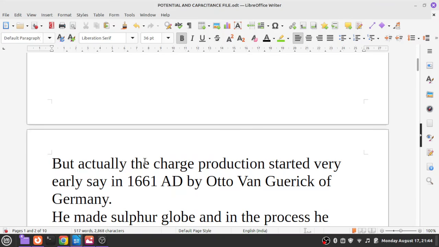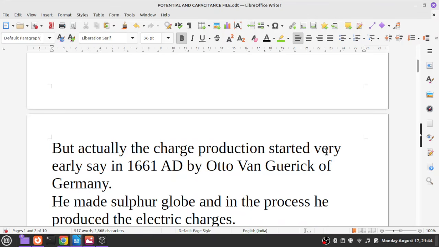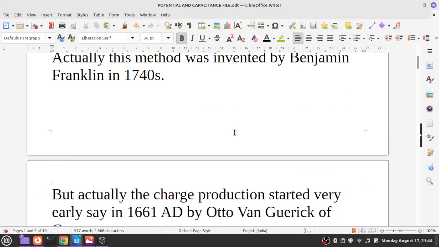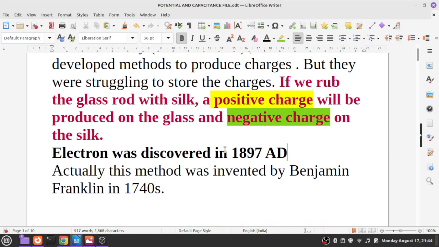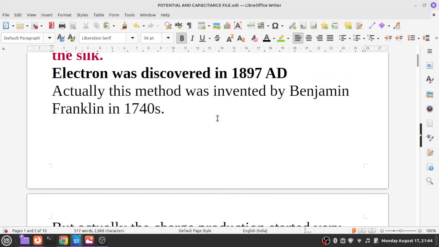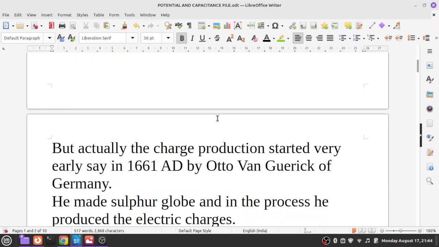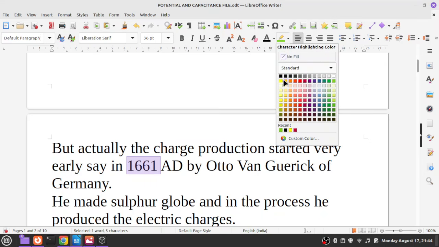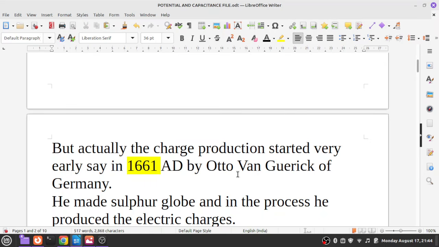But actually, the charge production started earlier. Even though we recognize that Benjamin Franklin introduced the ideas of positive and negative charge by rubbing a glass rod with silk, the methods of production of charge were started very early, say in 1661, by a German scientist called Otto von Guericke.